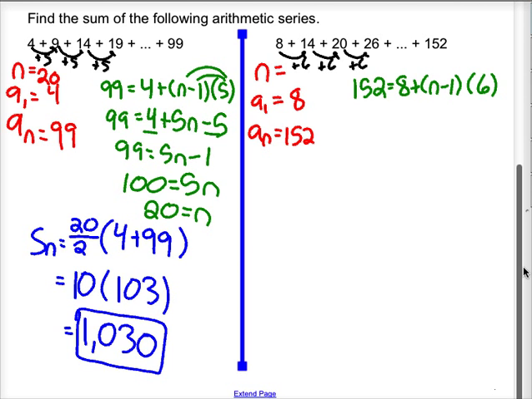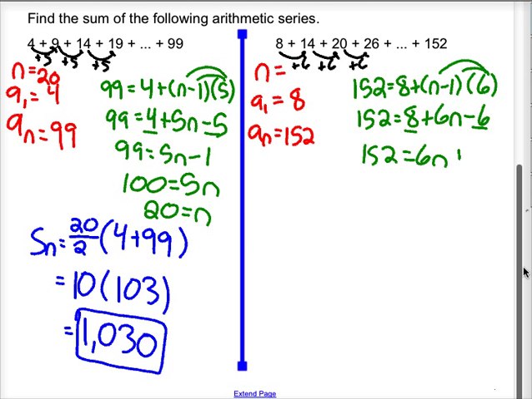So when I plug all of that into my explicit formula, now I'm ready to solve. I'm going to distribute that 6. I'm going to combine my like terms. 8 minus 6 is 2.